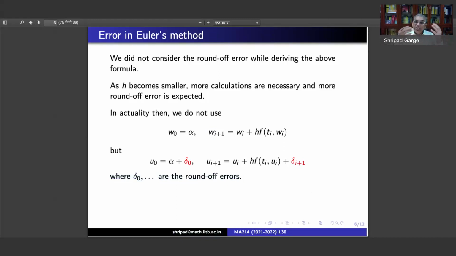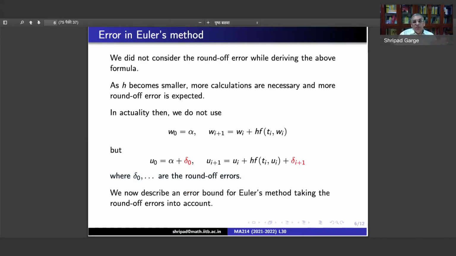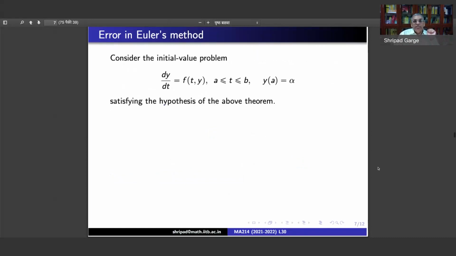That is because of our calculation limitations. So these delta naught, delta 1, and so on, are the round off errors, and we did not consider the round off errors earlier. Now we will try to get a bound for the Euler method, assuming that there is a round off error. So this is how the error is described. This is our initial value problem, which we have to mandatorily state whenever we are talking about a result.